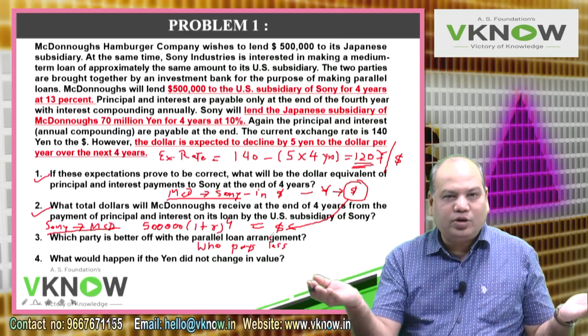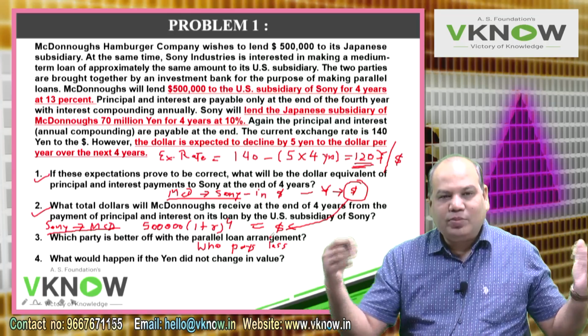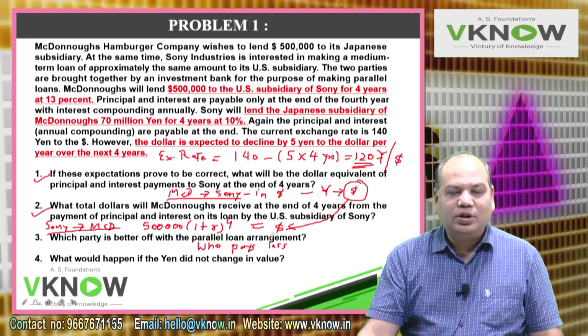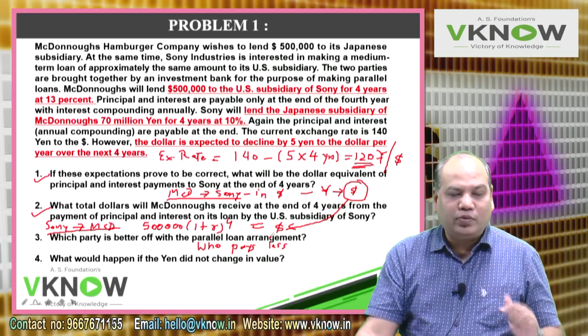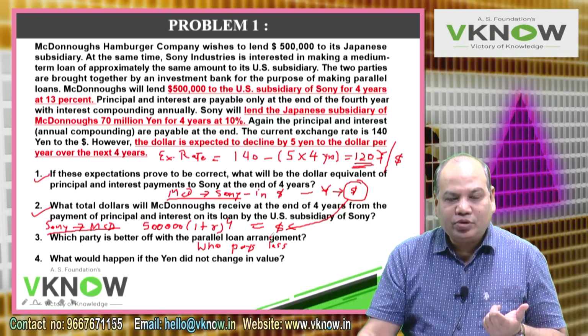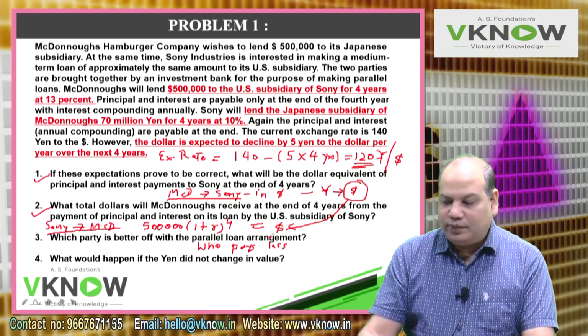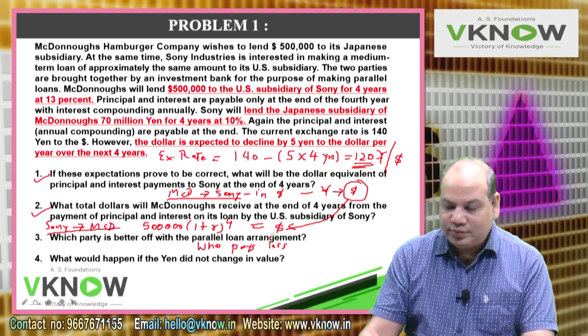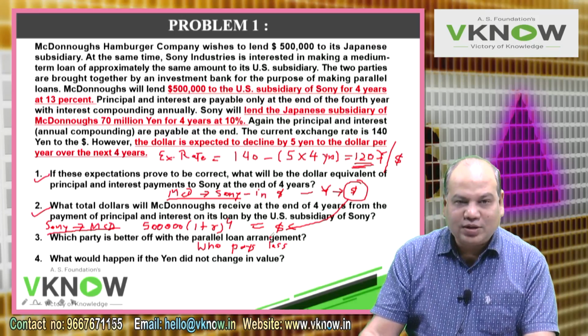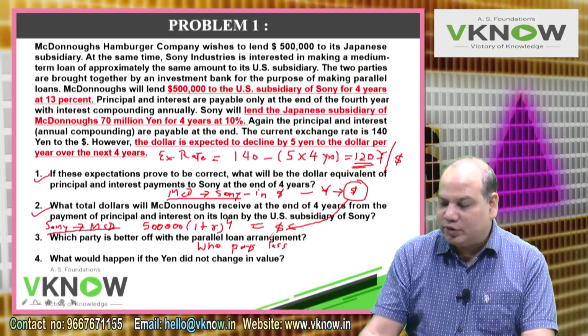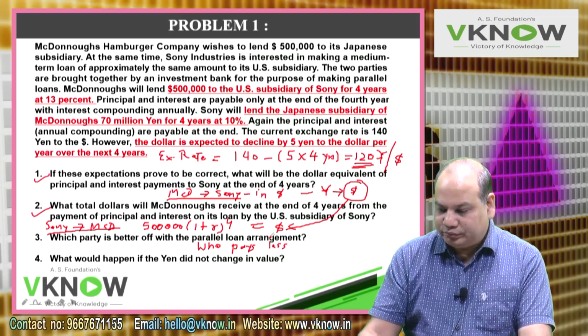They have borrowed equal amount at the beginning, but on maturity the repayment may not be equal. So the one who pays less is better off with this parallel loan arrangement. If McDonough pays less in the first answer, McDonough is better off. If Sony pays less, then Sony is better off with the parallel loan arrangement.